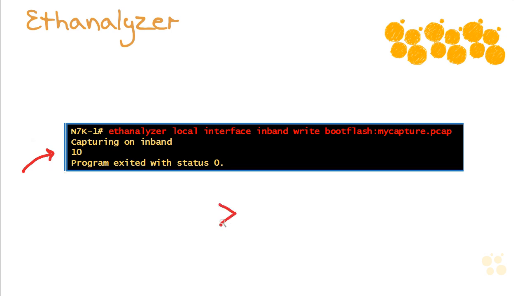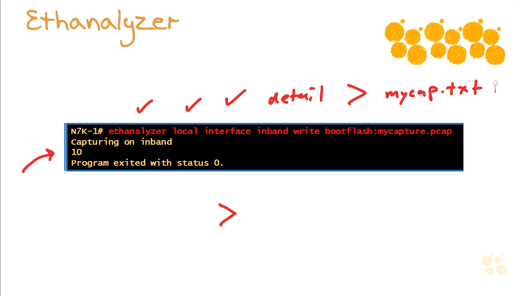By the way, you could also use the redirect symbol. So you could say ether analyzer local interface, and maybe you could say the detail keyword, and then you could use the greater than symbol, and you could say like mycap.txt. So that would allow you to redirect the output to a text file, but unfortunately, Wireshark wouldn't be able to read that text file.